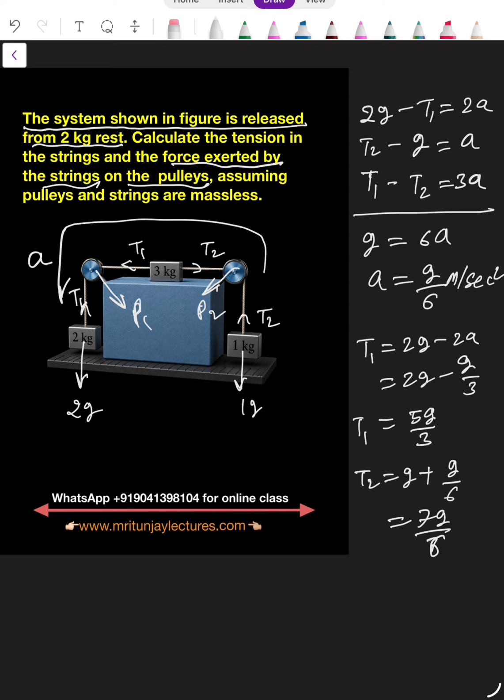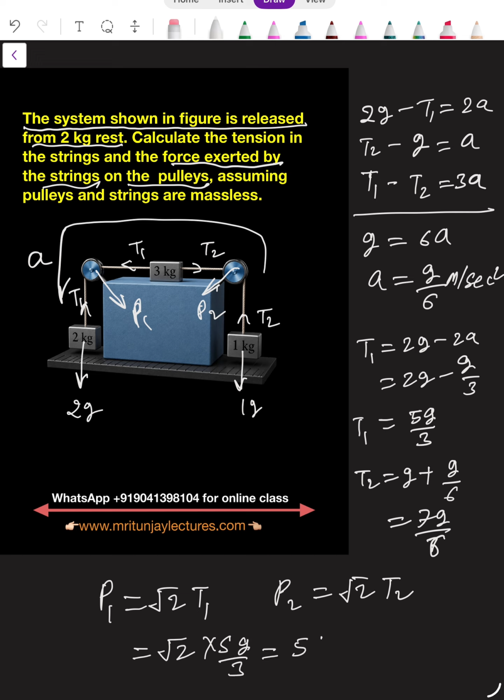Okay. Now what about P1? P1 is basically root 2 times T1 and P2 is basically root 2 times T2. Okay, now put that value because our T1 is how much? 5g by 3. So P1 is 5 root 2 g by 3.